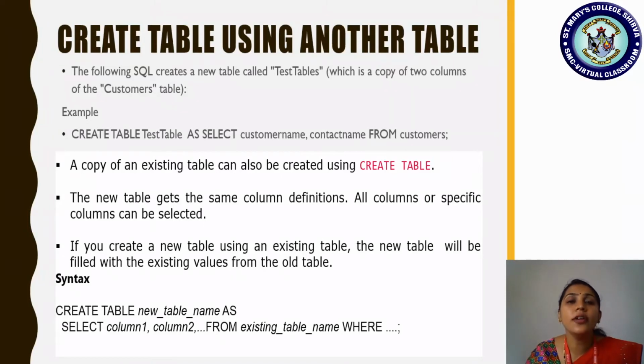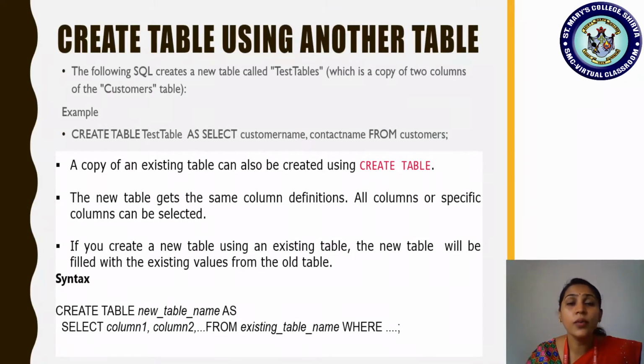You need not mention the features explicitly, but it should take the features of which one? The already existing table. So how is it done? The following SQL creates a new table called test table, which is a copy of two columns of the customer table.